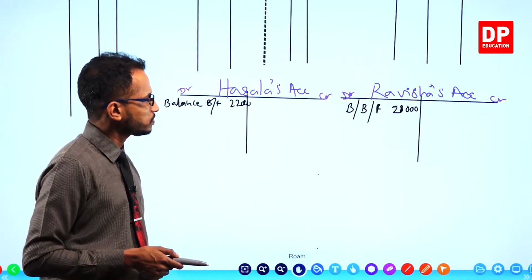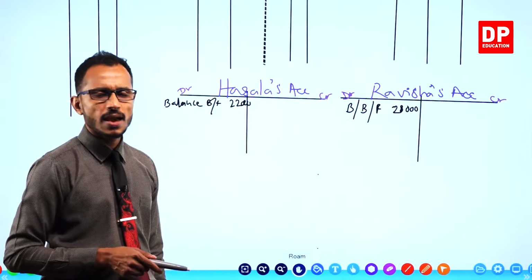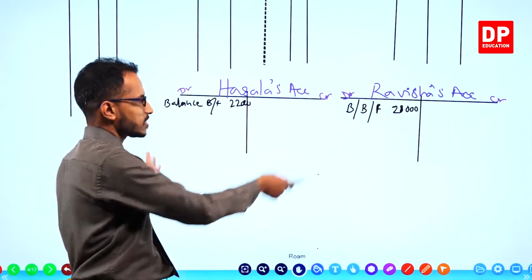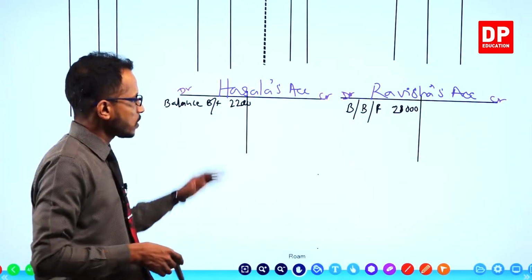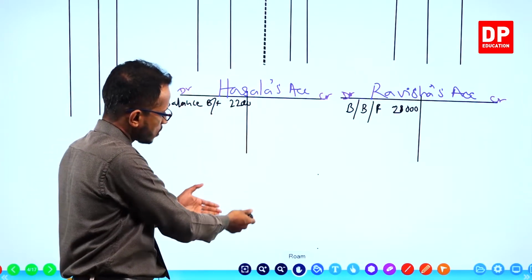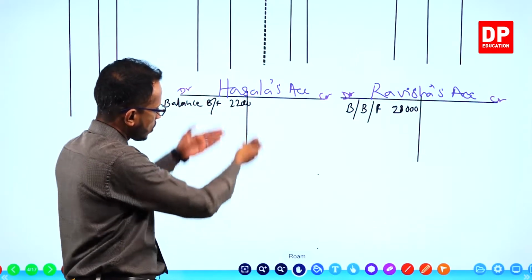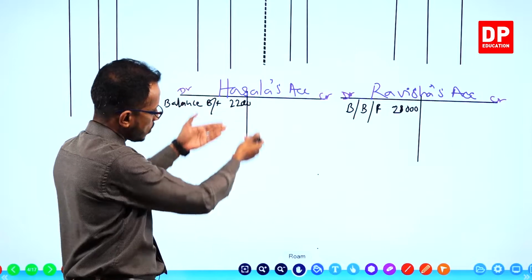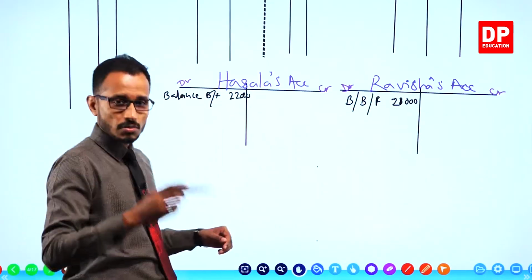But when you draw accounts such as the capital account, debtors accounts and creditors accounts, don't take very long vertical space.